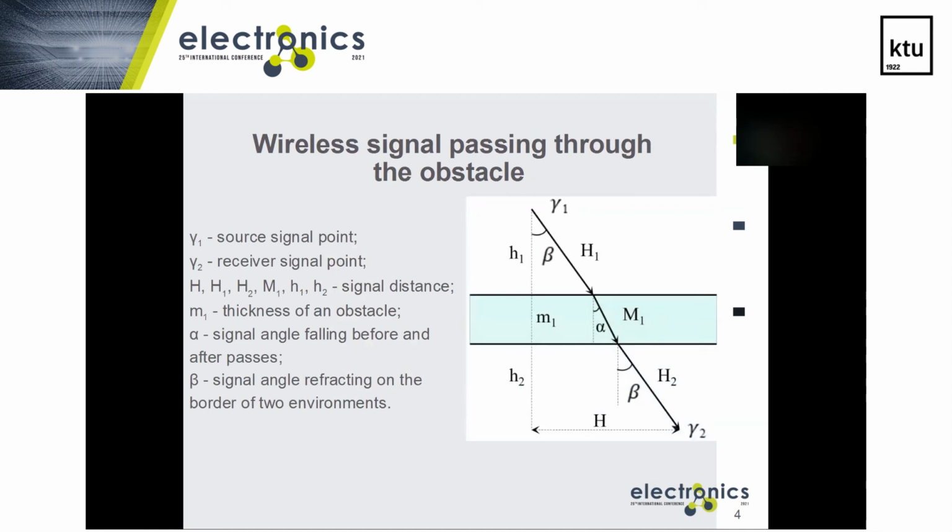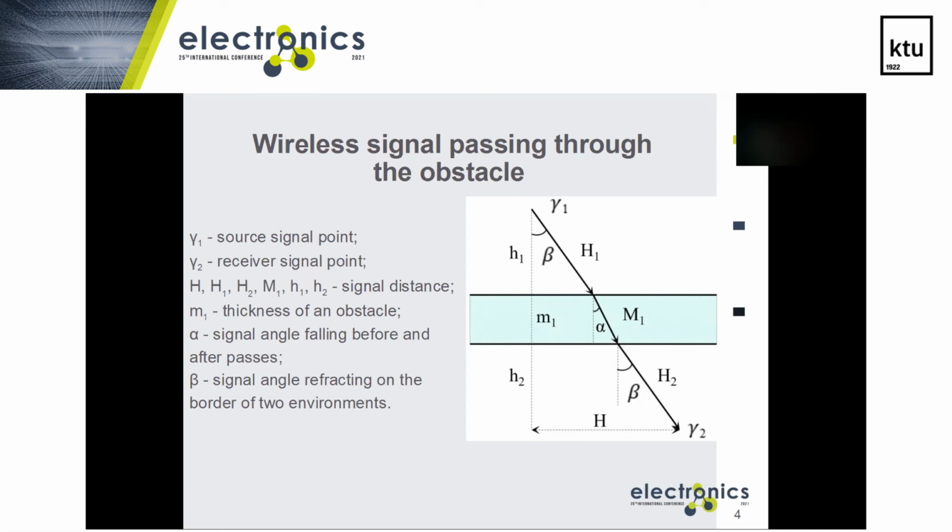This picture describes signal changes when passing an obstacle. For example, walls, furniture, and other obstacles inside a building interfere with radio waves, causing diffraction, radio wave attenuation with distance, and passing of objects.